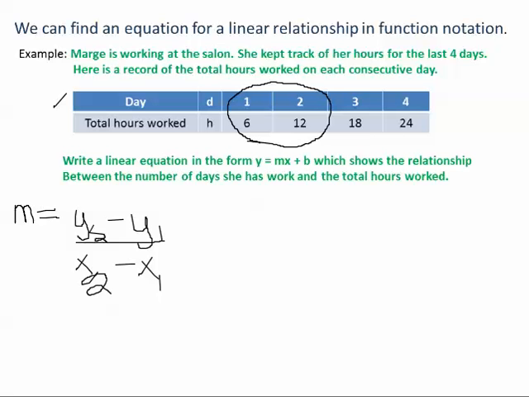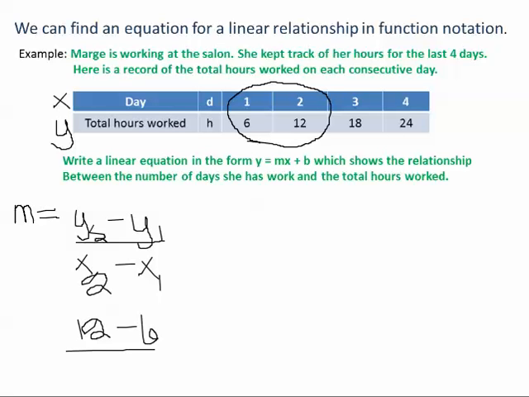Remember, your x's are on top and your y's are on the bottom. So you're going to take your second y value and your first y value and subtract them. I'll have 12 minus 6 over, I'm going to take my second x value and subtract my first value from it.